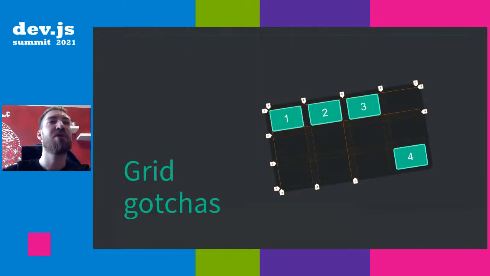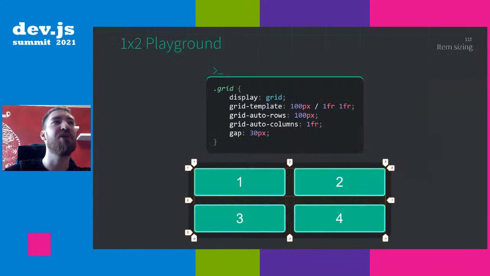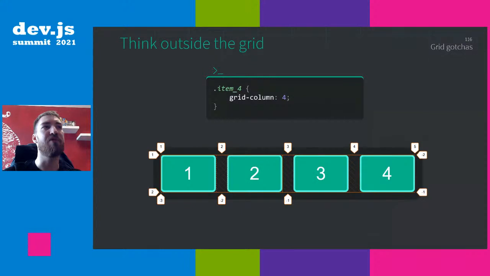So we can now talk about some things that might seem different, strange, difficult when you start working with the grids. So let's start with creating some grid playground. So here we create a single row and two columns. And now I say that I want to place item number 4 in column number 4.